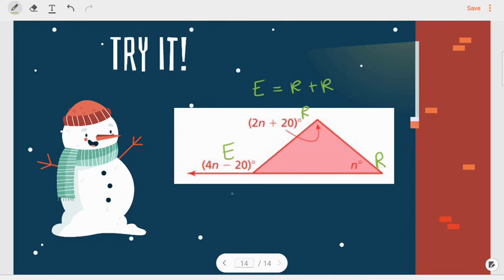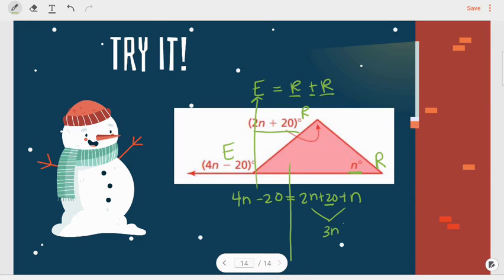So let's go ahead and solve this equation. 4n minus 20, I'm filling in this equation right here. My exterior is equal to a remote angle. So here's one of our remote angles, 2n plus 20, plus my other remote angle, n. I'm going to go ahead and solve. Remember to draw your line down your equal sign and combine like terms on both sides. 2n plus n is 3n.